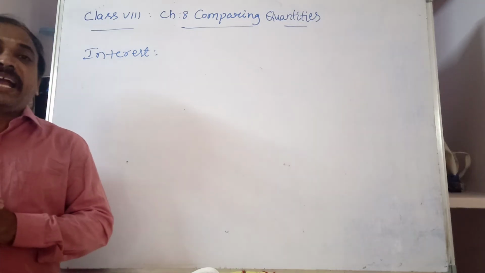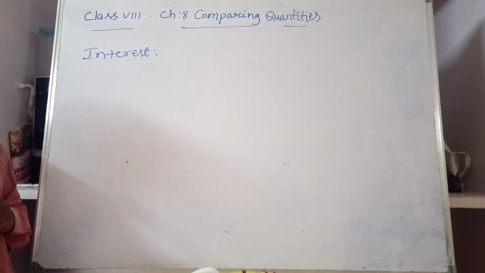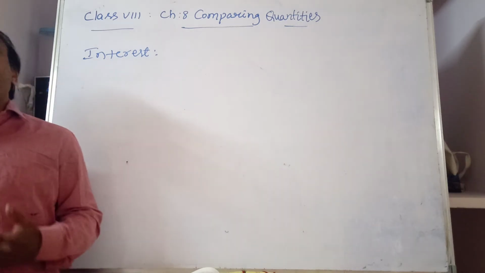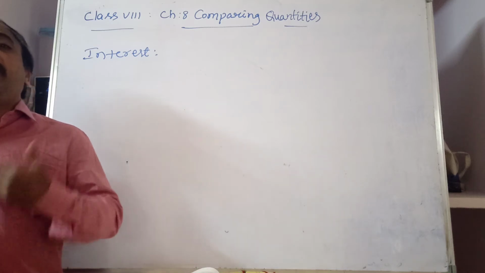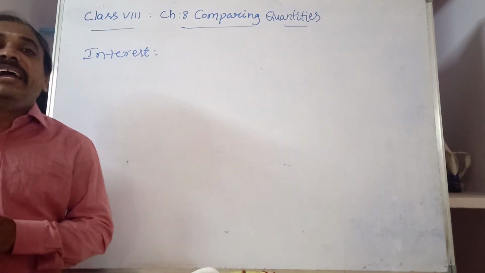So interest is nothing but the amount paid by the banks or post office, or the extra amount you pay when you borrow from somebody else. That is called interest.